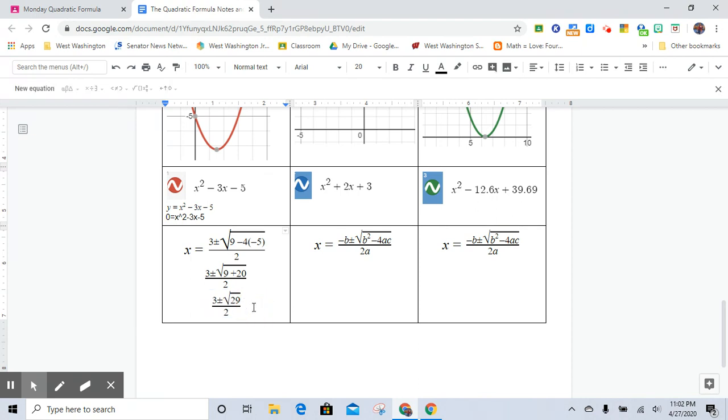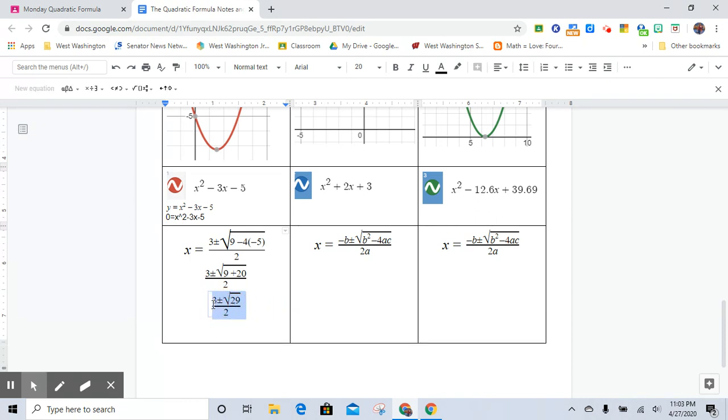So we have 3 plus the square root of 29 divided by 2, and 3 minus the square root of 29 divided by 2. And the square root of 29 is about 5.39.